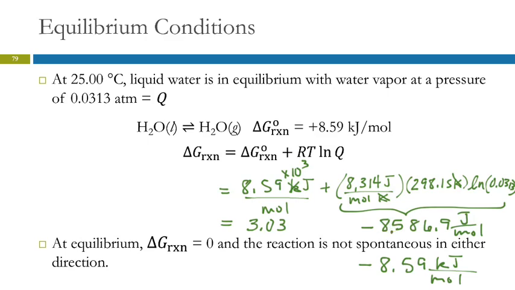It is essentially 0. So delta G reaction is 0. This small difference comes about from amount of precision. Any questions?